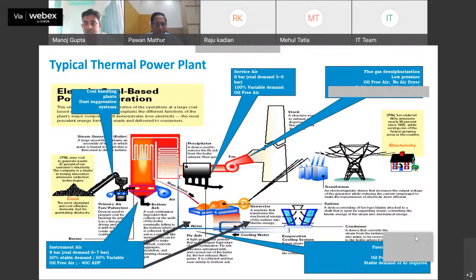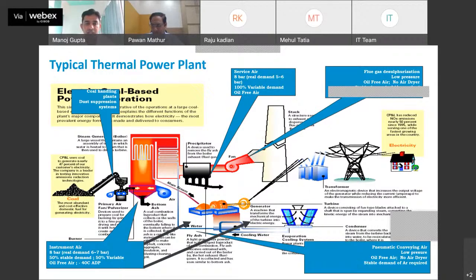Now we have pneumatic conveying air, where low pressure air is required. So we have the solution for low pressure also, up to 2.5 bar, and it requires oil-free air, so that oil should not be mixed, and there is no dryer requirement as such.